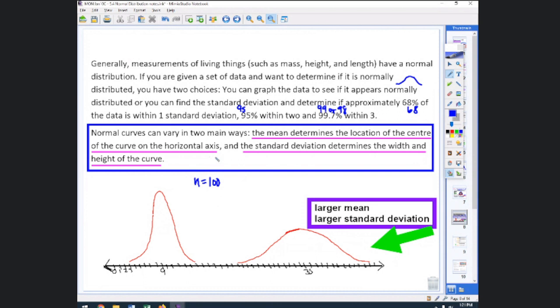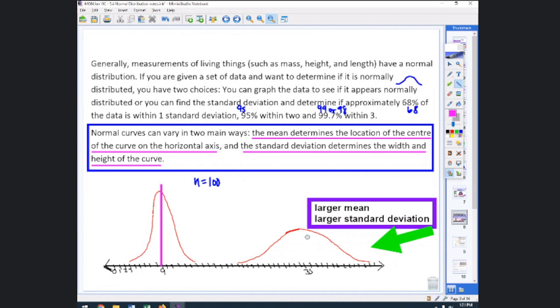So normal curves can vary in 2 ways. The mean determines the location of the center of the curve on the horizontal axis. So if we look below here, if this is a normal curve, which it looks like it's supposed to be, I think I could estimate the mean here to be about 9, thereabouts.